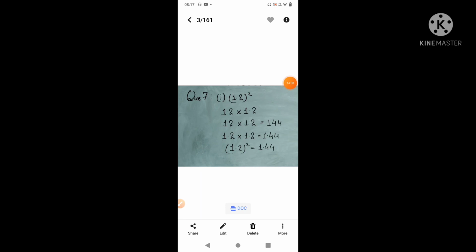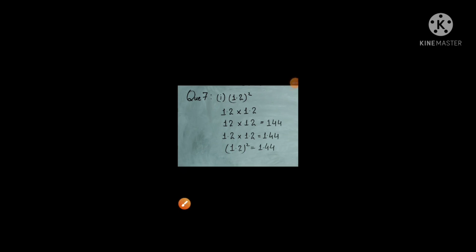Now come to question number 7. First, 1.2 square, means we can multiply 1.2 into 1.2. We will remove the decimal for a while. It will be 12 into 12, that will be equal to 144. Now we mark the decimal point, and the decimal will come before 2 places, because in the decimal numbers the decimal places were 1 and 1, means 2.